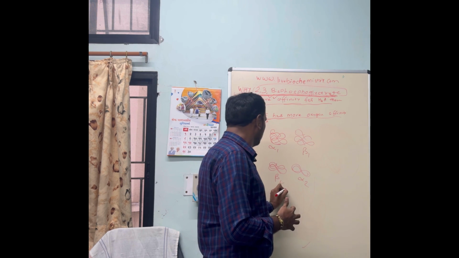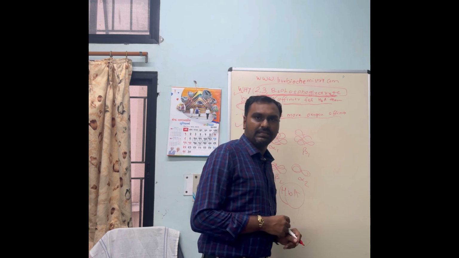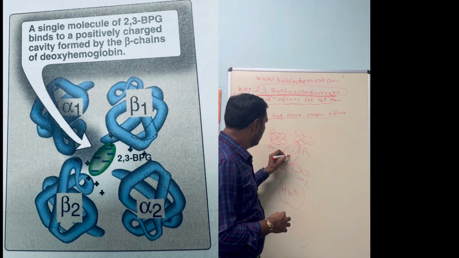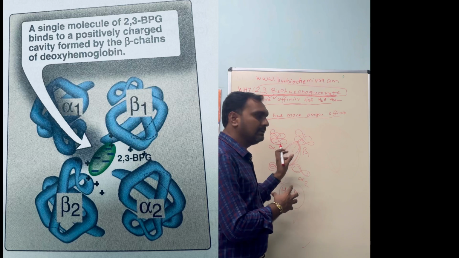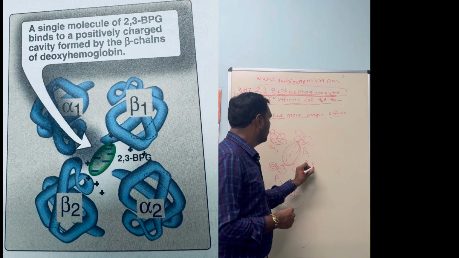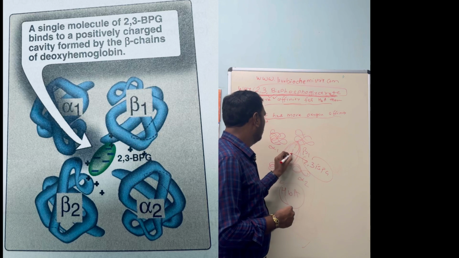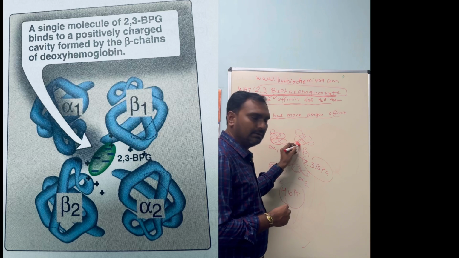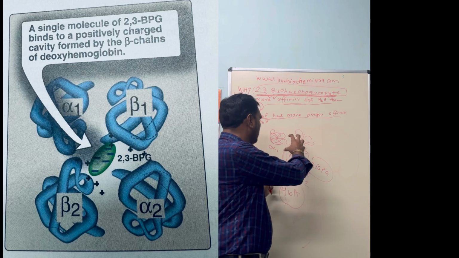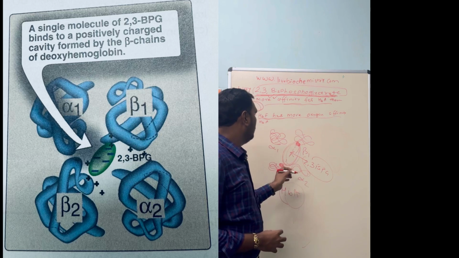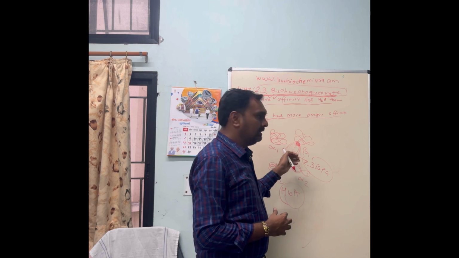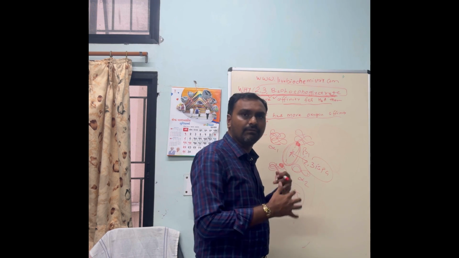So this is the structure of HbA, with 2 alpha chains and 2 beta chains. Here a pouch is generated, and in this pouch the beta chains interact with loose ionic bonds. Here 2,3-bisphosphoglycerate will bind to the positively charged amino acid called histidine. So 2,3-bisphosphoglycerate binds with adult hemoglobin with more affinity, and when it binds with the hemoglobin, it will displace the oxygen. So oxygen is available to the tissue.